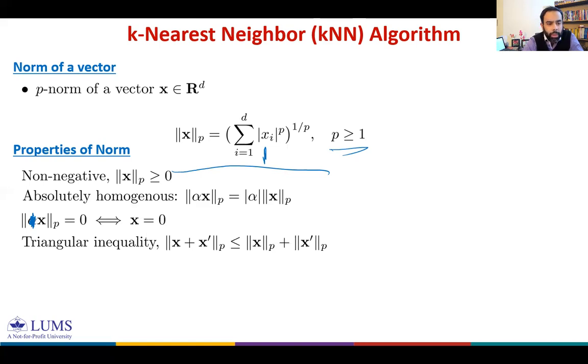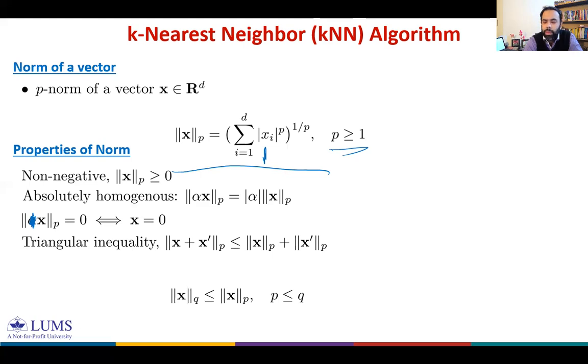Finally, I also want to review an important inequality that is related to norm. This inequality states that the qth norm of a vector is less than or equal to the pth norm of the vector when p is less than or equal to q. What do you mean by this?